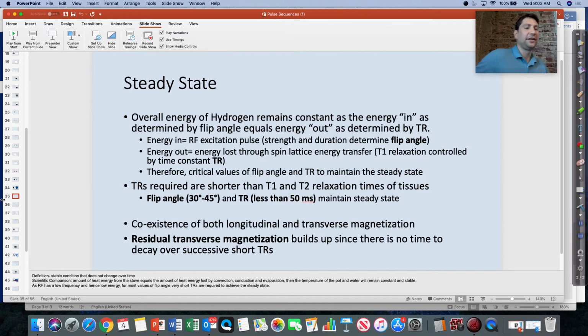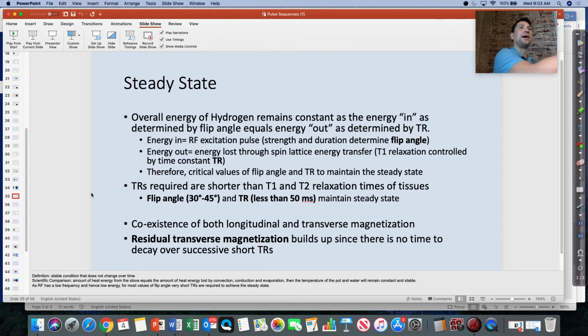The definition of the steady state is a stable condition that does not change over time. So we have a stable condition where we have residual transverse magnetization, we have longitudinal magnetization, and our flip angle is going to be 30 to 45 degrees every time. There's a scientific comparison where we heat up, say, a boiling pot of water.